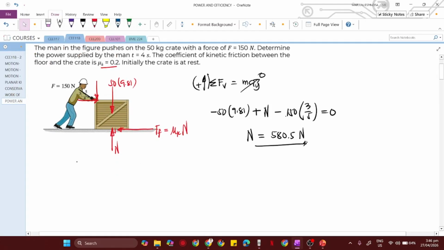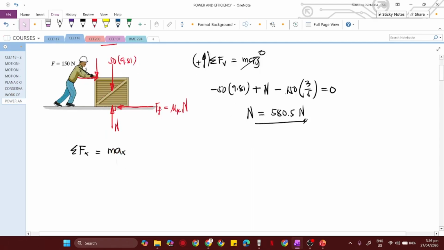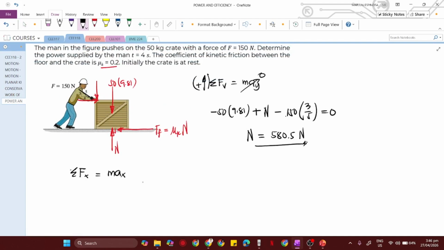Okay, now let's take the summation of forces along x naman, that is equivalent siya sa mass times acceleration along x. Okay? So, basically, either lang ha, either of the methods, yung impulse or kung gusto nyo, itong second law of motion, no?